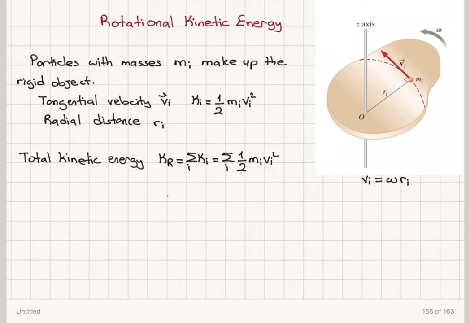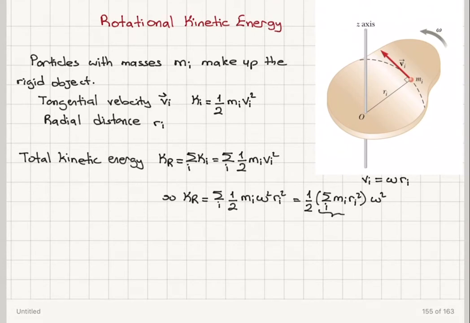So I can write the total kinetic energy of rotation as the sum over I of 1 over 2 m sub I omega squared r sub I squared. Omega is the common angular speed for these particles, so I can take it out, and also take 1 over 2 out: 1 over 2 sum over I of m sub I r sub I squared, times omega squared.